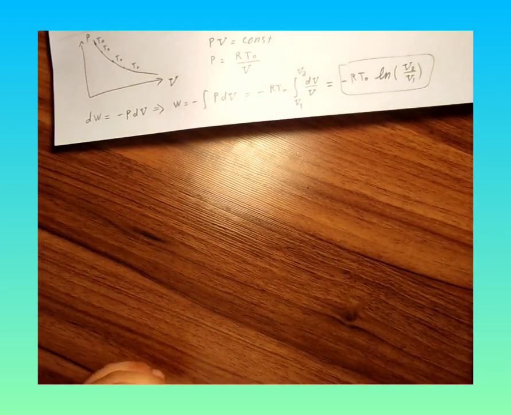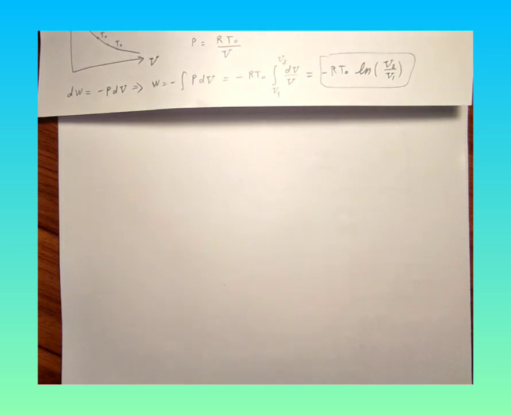We have other processes. We have a process in which volume is constant, sometimes called isometric.